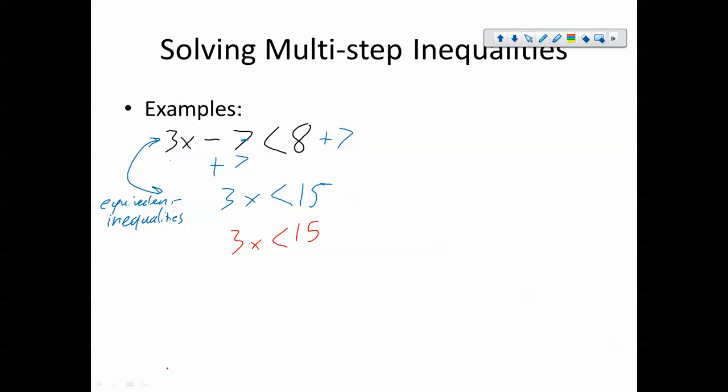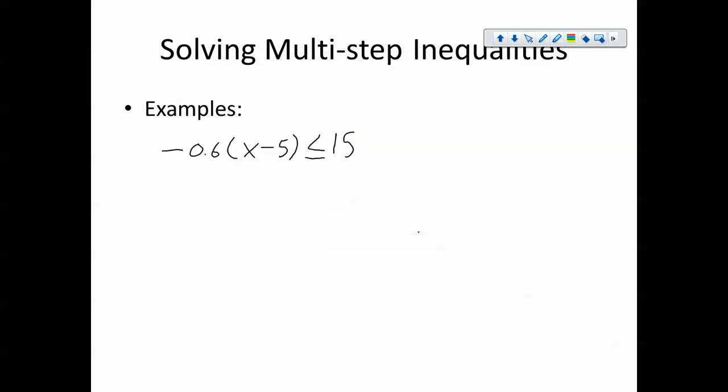This operation is multiplication, so I'm going to do the opposite operation to cancel it. I'm going to divide this whole side by 3, and I'm going to divide this whole side by 3. So I end up with x is less than 15. And the 3's cancel there, which is what gets your x by itself, and that's my solution. X is less than 15. So x can be any number smaller than 15.